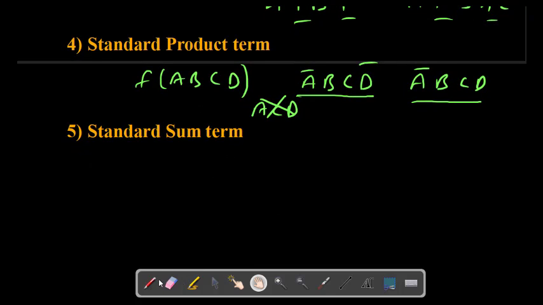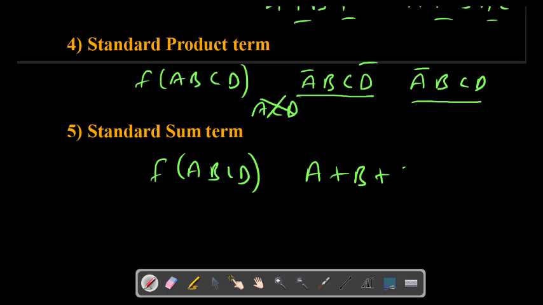Then standard sum, same thing. If we have a logic expression depending on these four variables, this term is a standard sum term because it has all the variables A, B, C and D, whether complemented or uncomplemented.